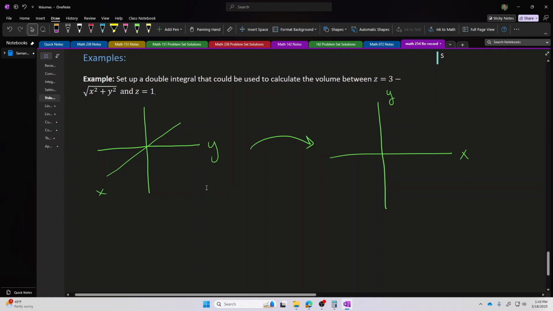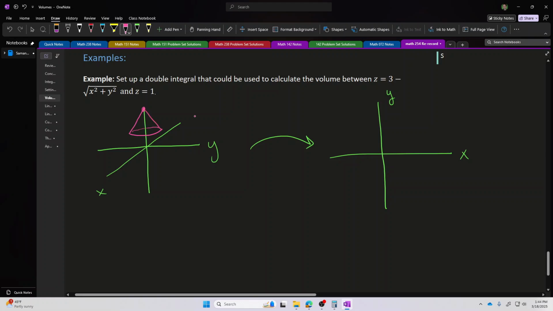Now, surface number 1 here, I recognize as the equation of a cone. A cone that starts at z equals 3 and then opens down because we're subtracting the square root of x squared plus y squared. So I have a cone that starts at 3 and then opens down from there.